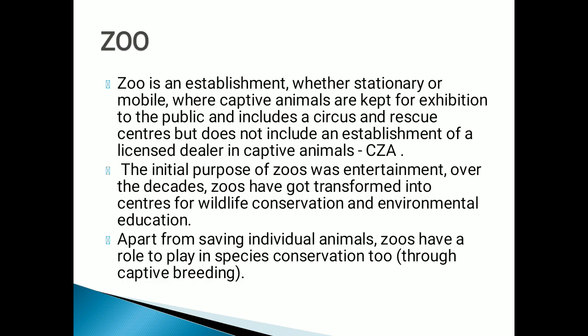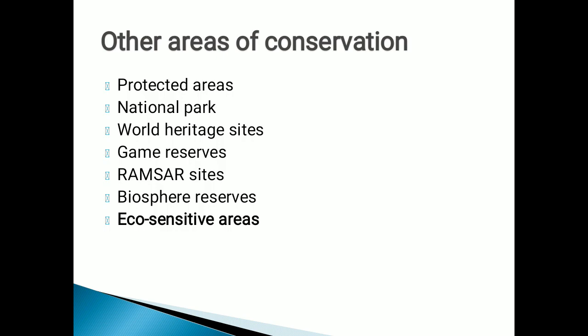All these recreation purposes are served by zoo establishment. And the Central Zoo Authority of India is the nodal agency that looks after the permission to be granted for establishing any zoological park.